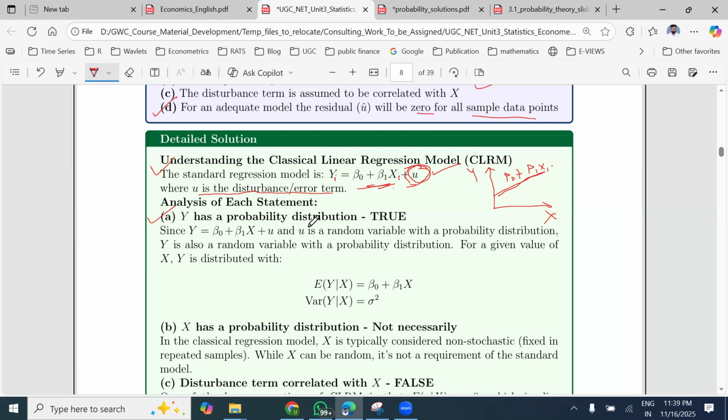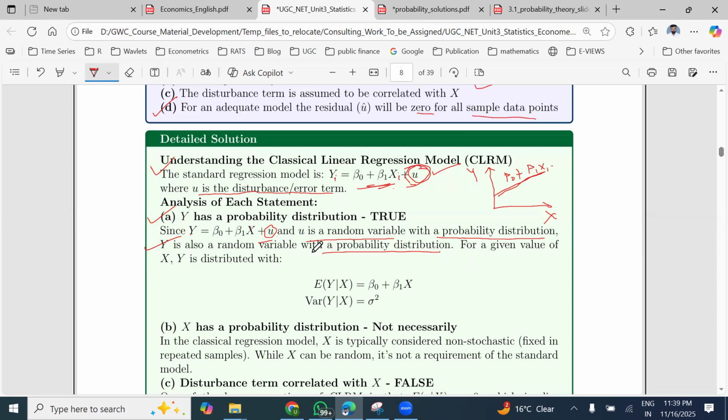Because y is equal to beta naught plus beta 1x plus u, and u is a random variable with a probability distribution. So u is also a random variable here. So y is a random variable with a probability distribution because y is dependent upon this.